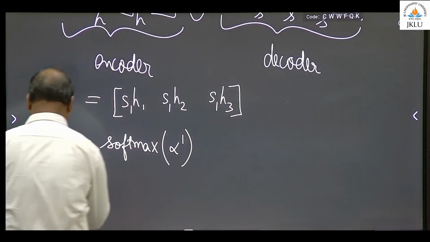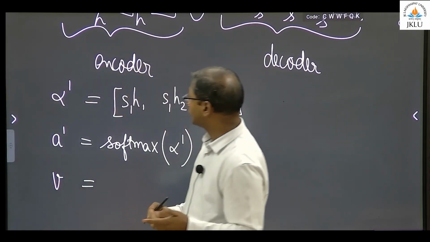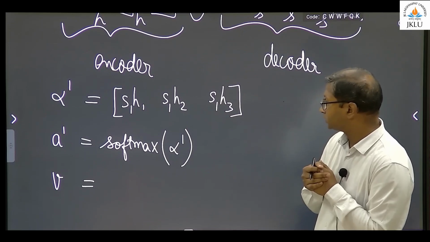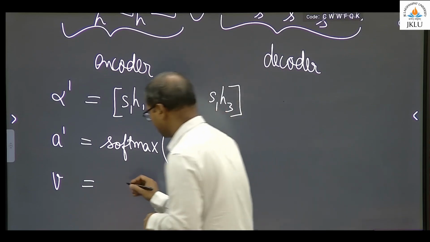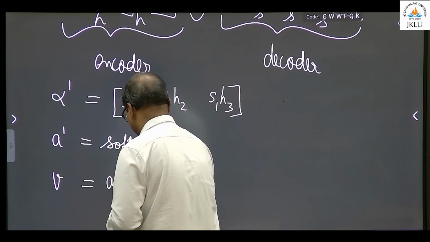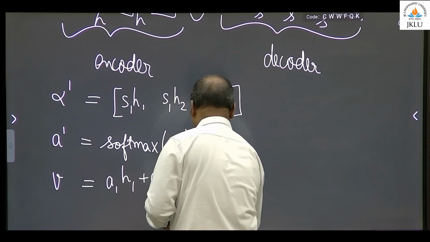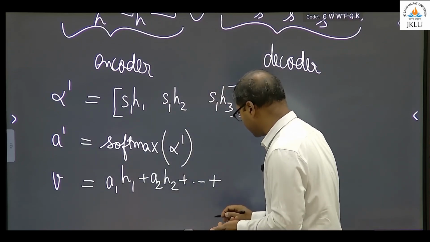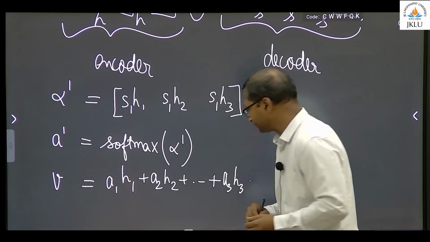And then what did we do next? We said that the values will be what? A11 times H1 plus A12 times H2 and all that. Actually in this case just A13 times H3.